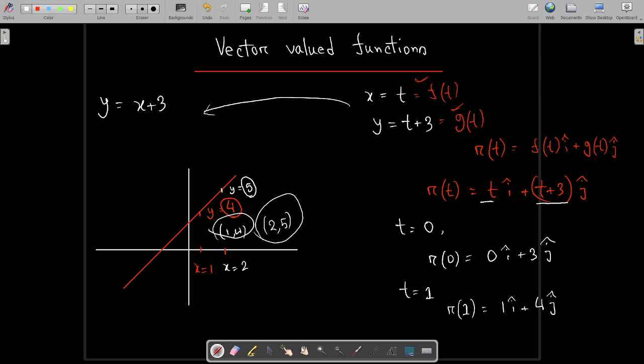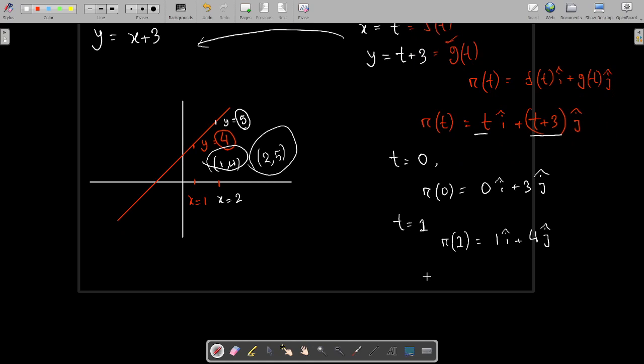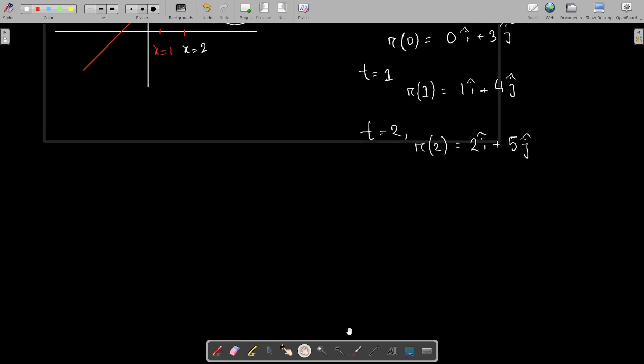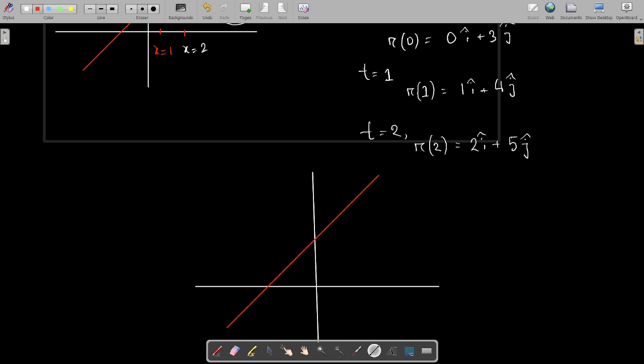Now again, if we put t equal to 2, we are getting r of 2, that means 2i plus 5j, and this will go on. Now look, now I am writing the same graph. So this was our curve. Now listen to me very carefully.